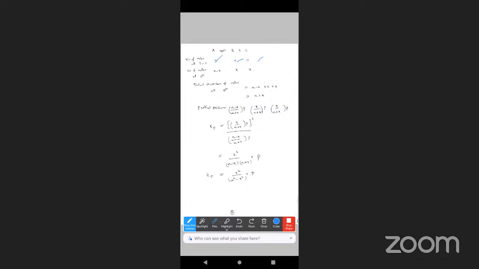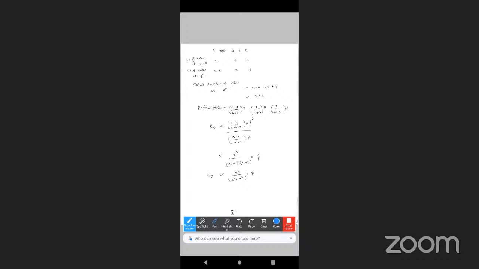But at equilibrium, if X moles are formed, then the remaining moles of A is A minus X. So total number of moles at equilibrium is A minus X plus X plus X, so we'll get A plus X. Then partial pressures at equilibrium: (A minus X) by (A plus X) into P for A, and for B, X by (A plus X) into P, and similarly for C, X by (A plus X) into P.